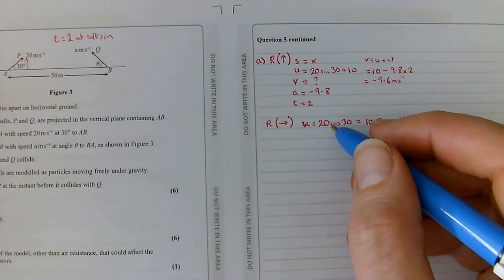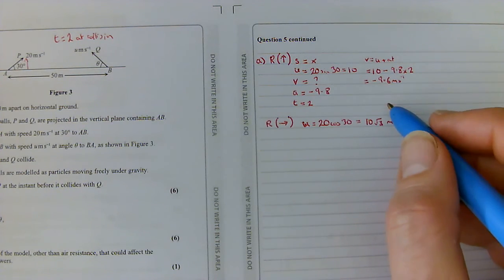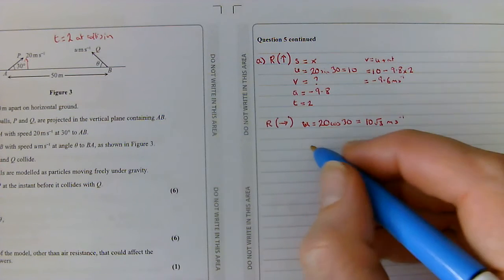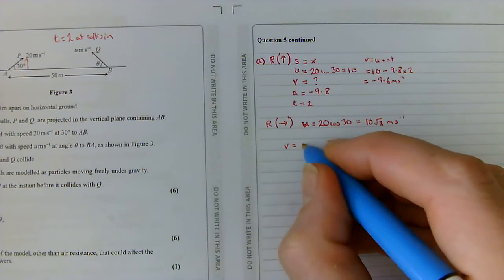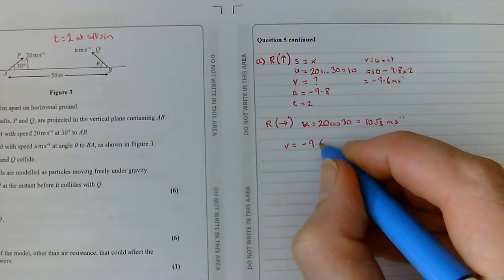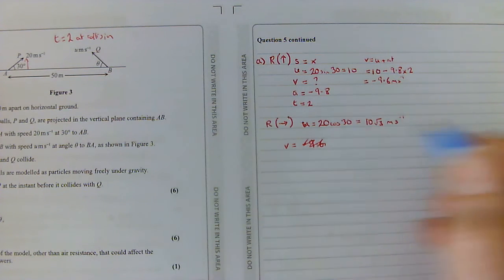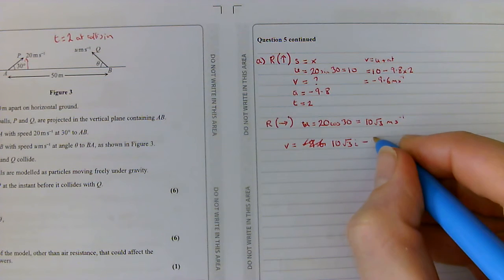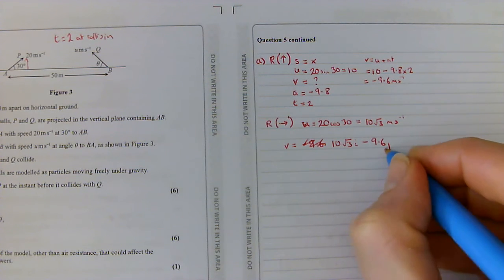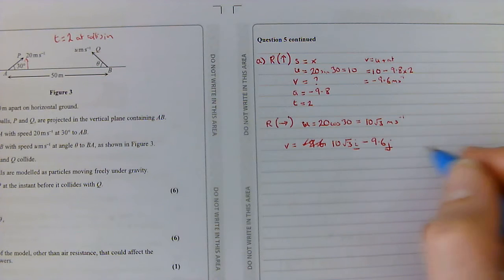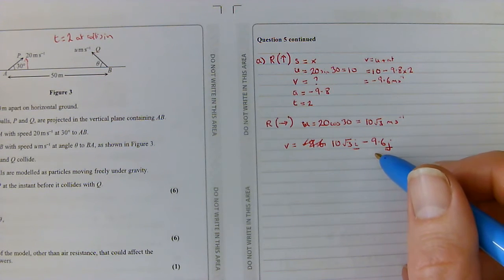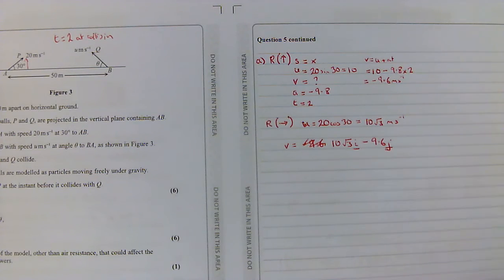So my velocity is 10 root 3 i minus 9.6 j, if we're using i and j as our horizontal and vertical components. Notice it asks for the velocity, not the magnitude of the velocity, so once I've done that, that's me finished.